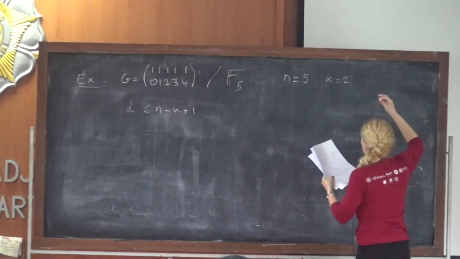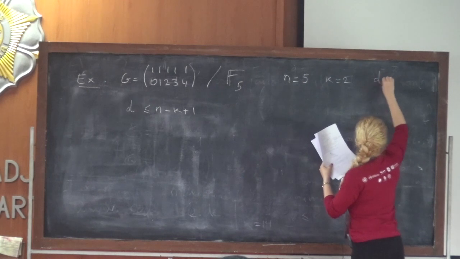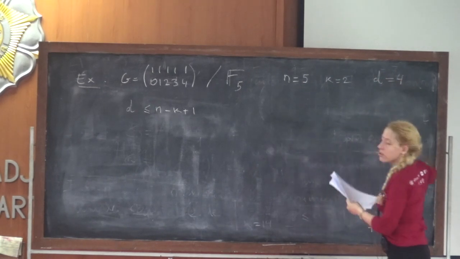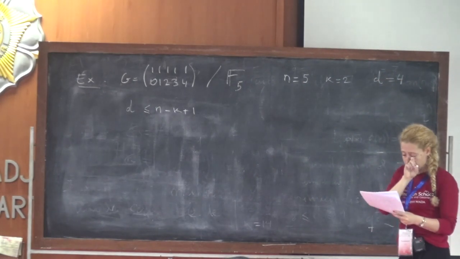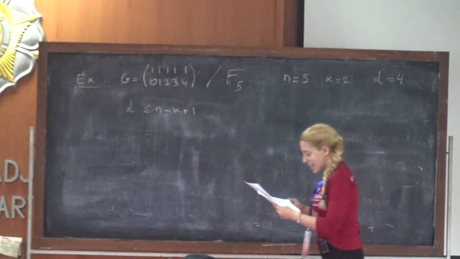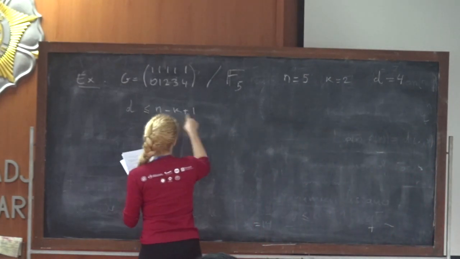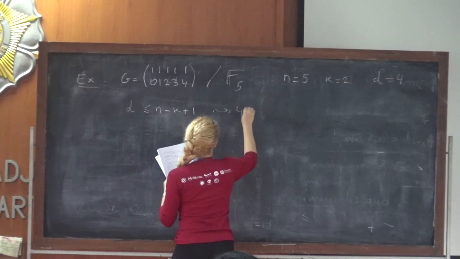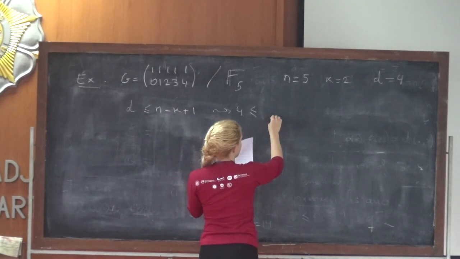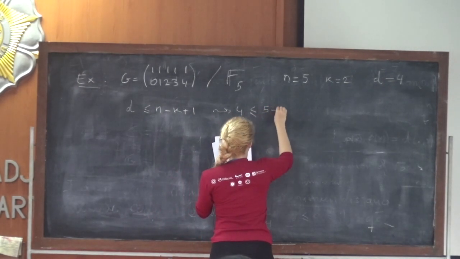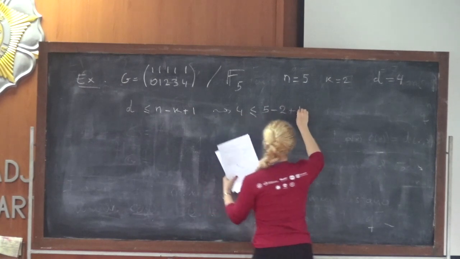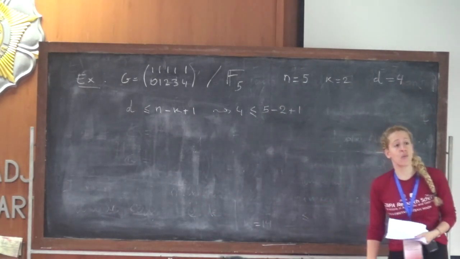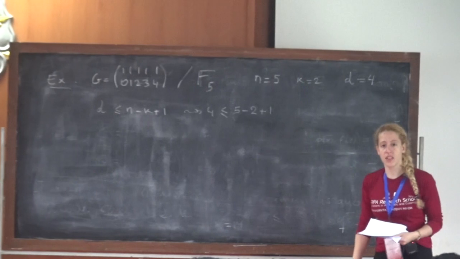You can check by hand that d is equal to 4 if you compute all the elements. And then what you get is that 4 is smaller or equal than 5 minus 2 plus 1, which is true, and we get equality. Okay?